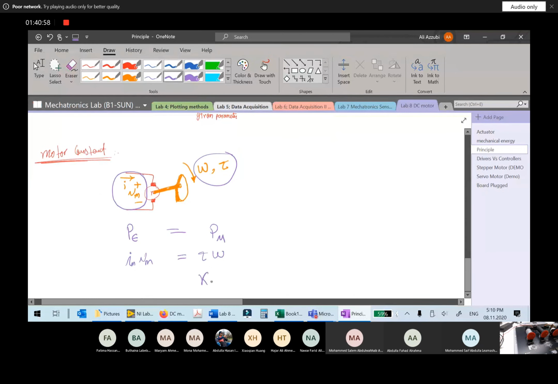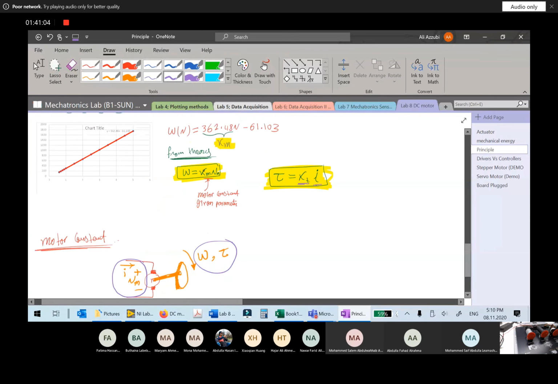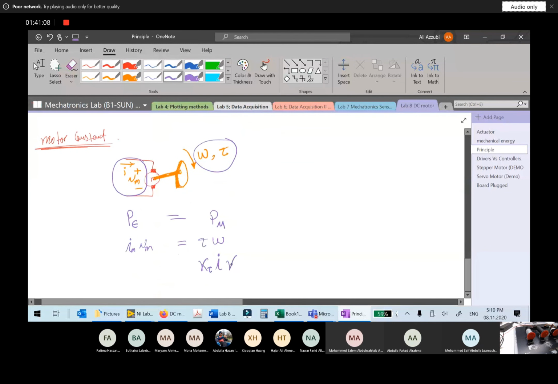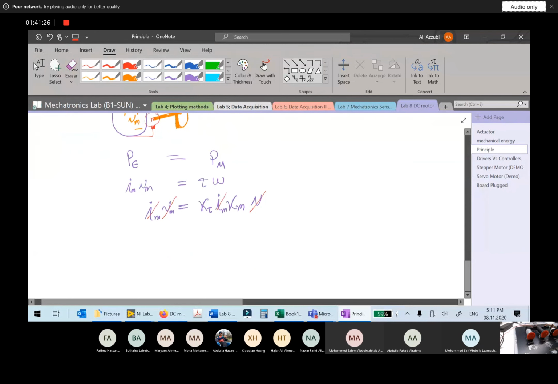So here this is Kt times I, and omega here is the voltage constant Km times V. This equals I times V. Clearly here you see that this will go with this and this will go with this.